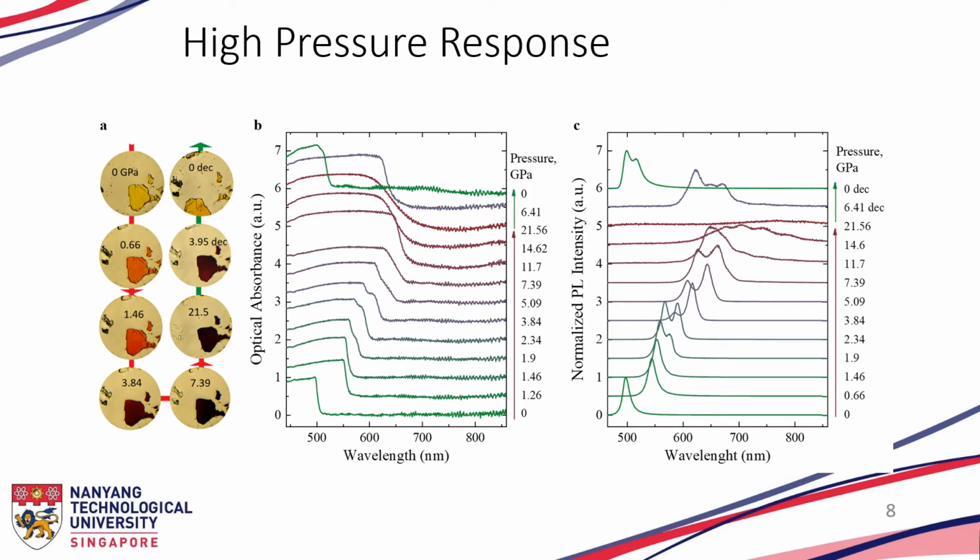And these two graphs represent the respective optical absorption and photoluminescence spectra. The interesting part here is that after some pressure, about 1.5 GPa, there are two peaks that coexist in this structure.